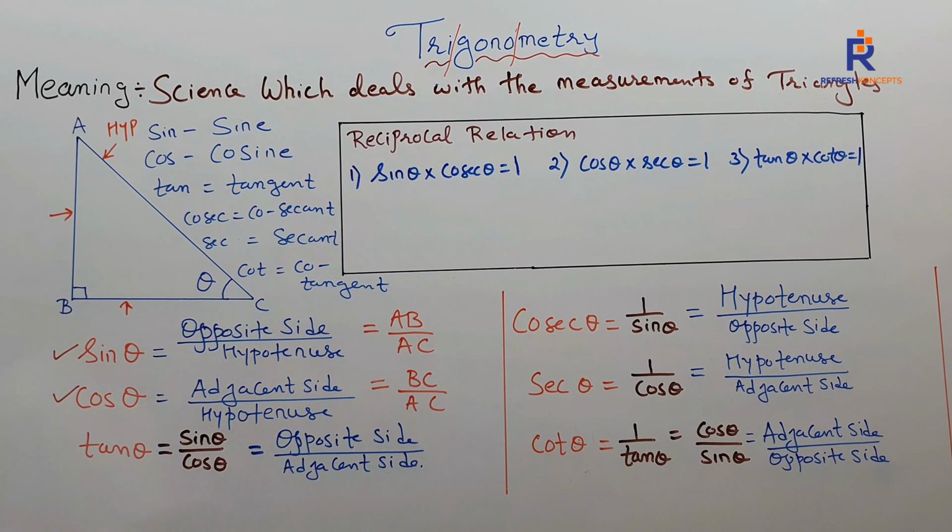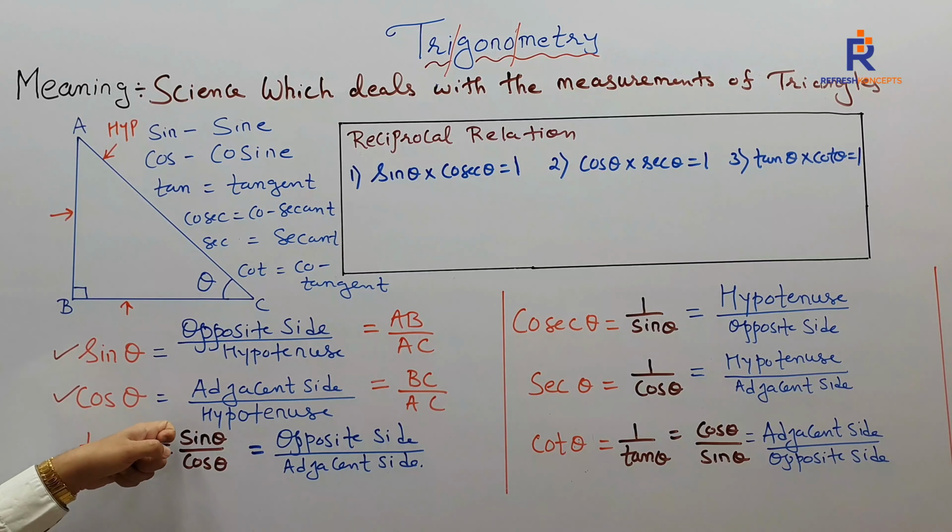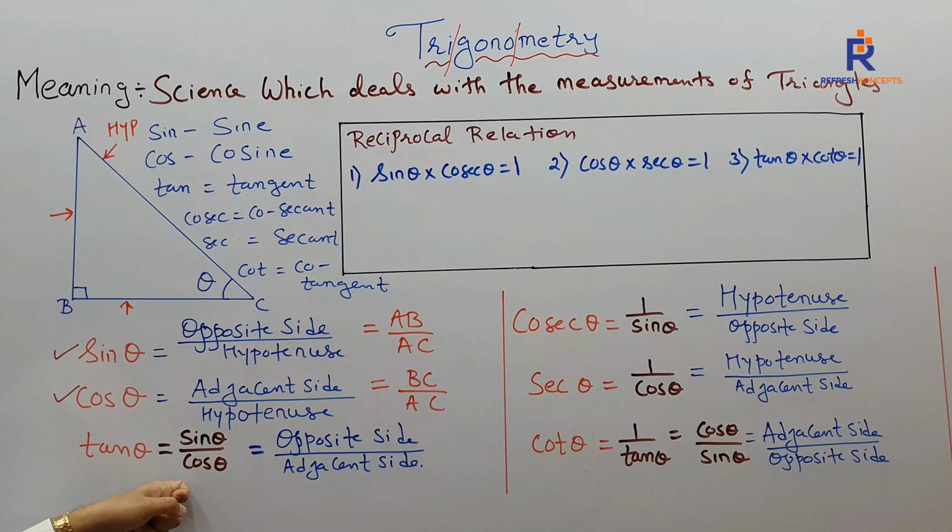Now I shall tell you the reason why. When I say tan theta, how did I get tan of an angle? We got tan theta as sine theta by cos theta. So tan theta is derived from sine by cos. When I divide sine by cos, what I get is nothing but tan.